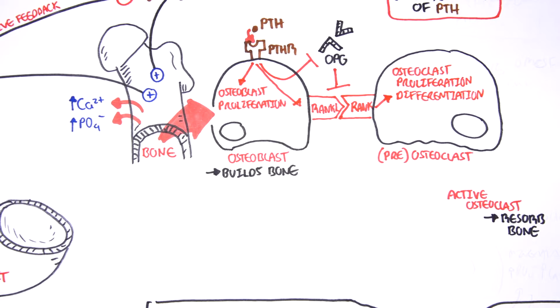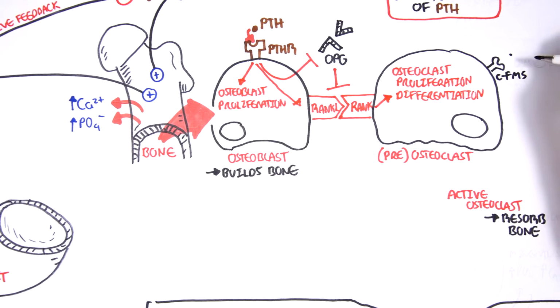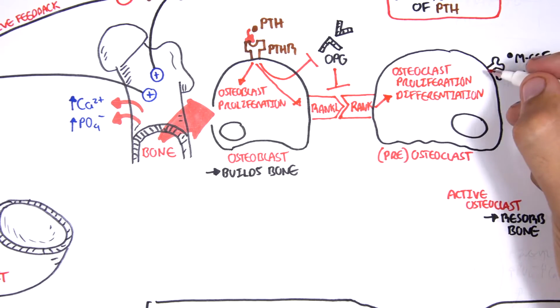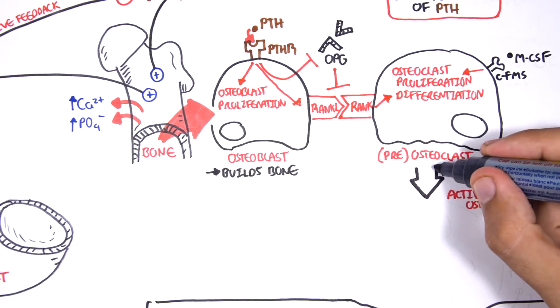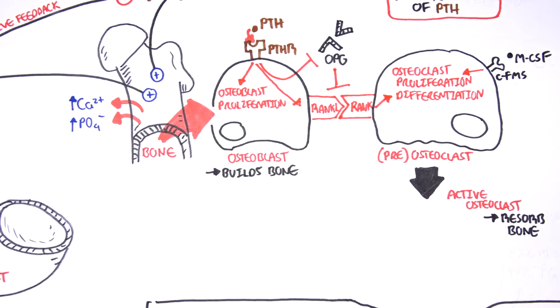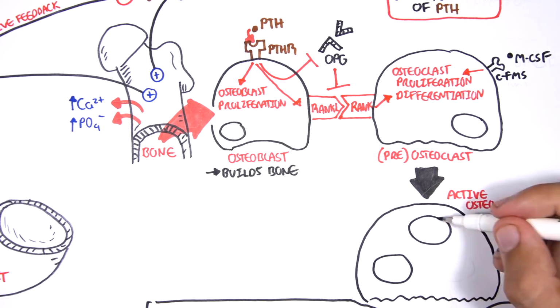There's another chemical which stimulates this whole process as well, where on the osteoclast we have a receptor, c-FMS, and the chemical that I'm talking about is macrophage colony stimulating factor, or M-CSF. And when M-CSF binds onto this receptor, it will stimulate the osteoclast to proliferate and to differentiate.